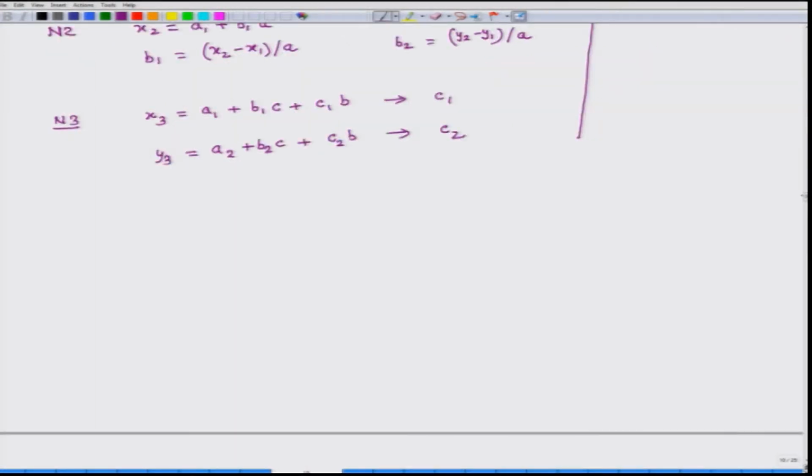So, with these values our relation for x, now x could be expressed as a function of s and t.